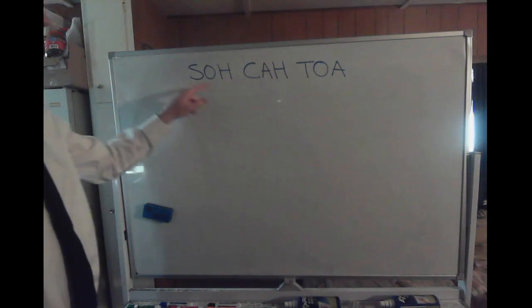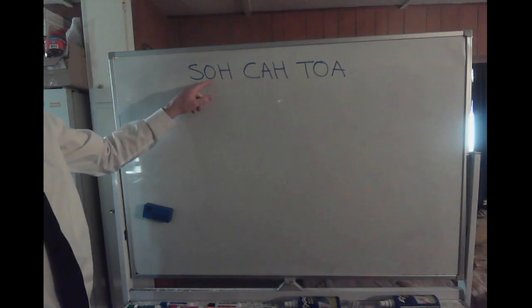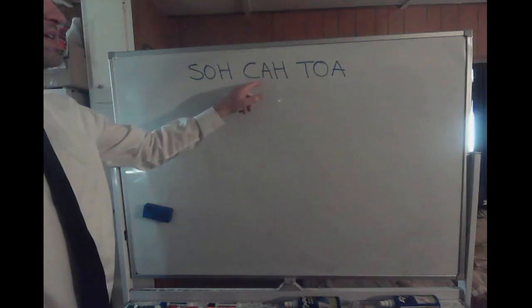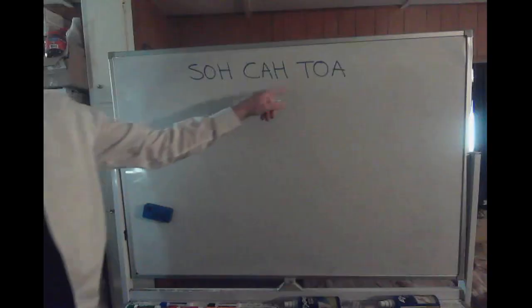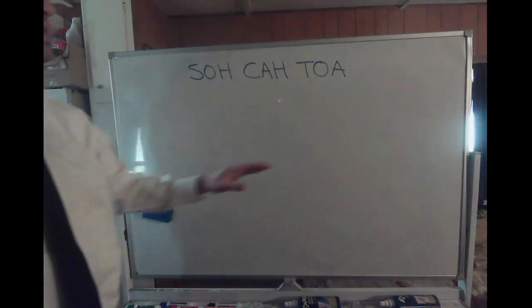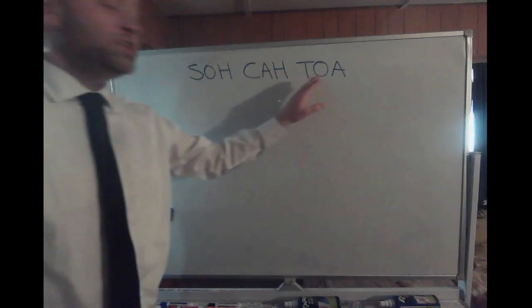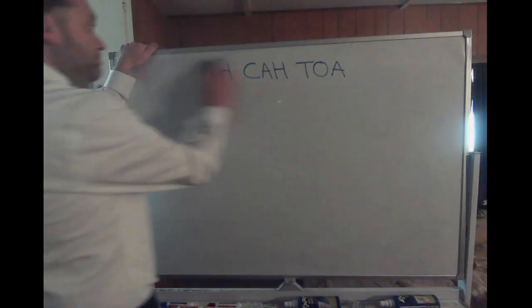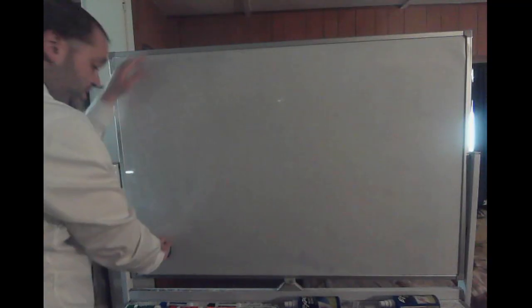For SOH you have sine is opposite over hypotenuse, CAH for cosine is adjacent over hypotenuse, and then TOA for tangent is opposite over adjacent. If you can remember SOH CAH TOA, you'll remember the three trig functions that we've talked about.